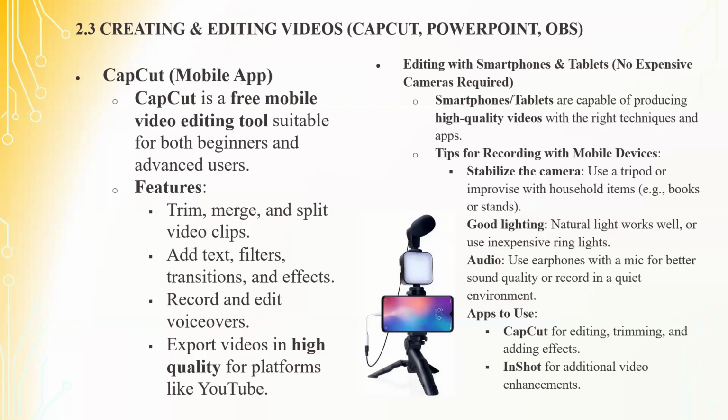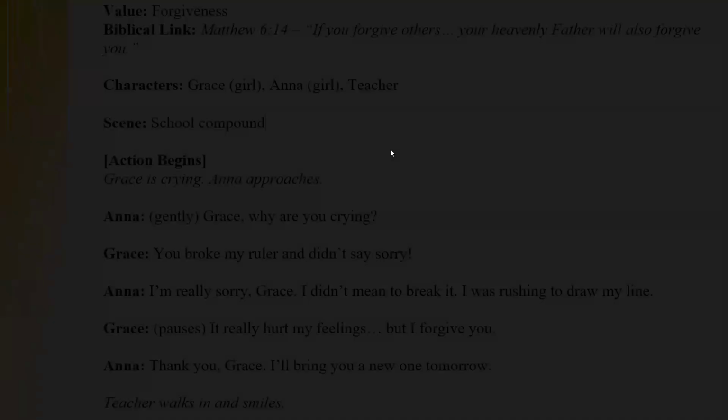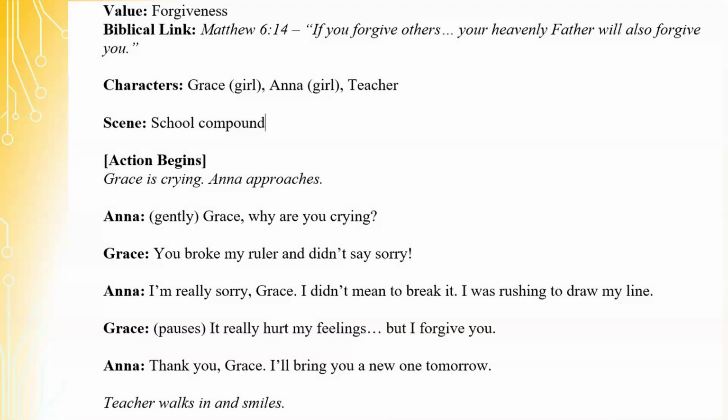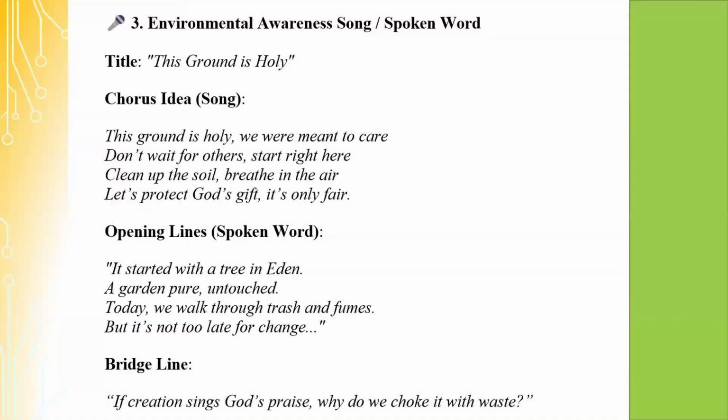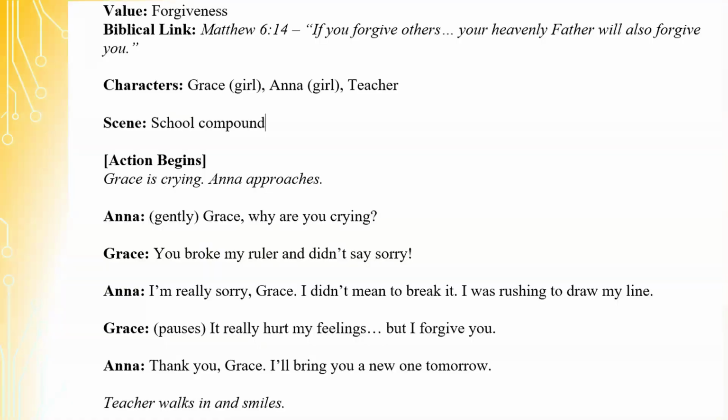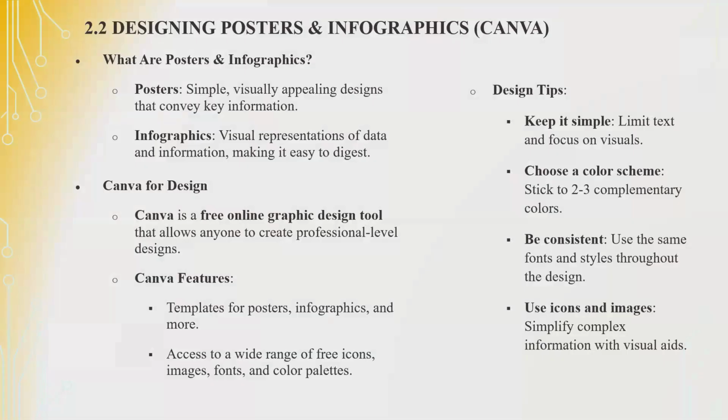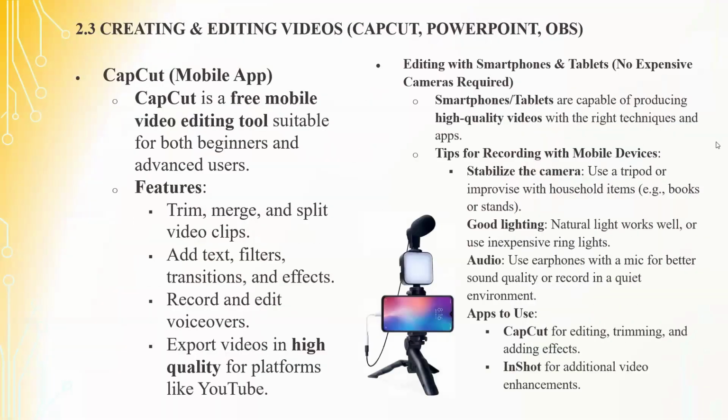Consider using good lighting. For my story, I showed you of Anna and Grace, and on a school compound, the appropriate shooting time could be day. If you don't have good lighting, then the time you have chosen to shoot should be that which is very good.